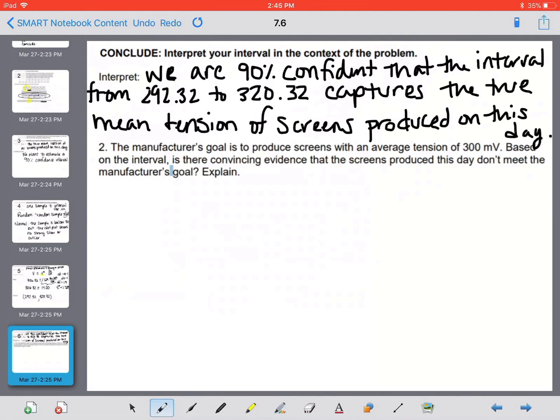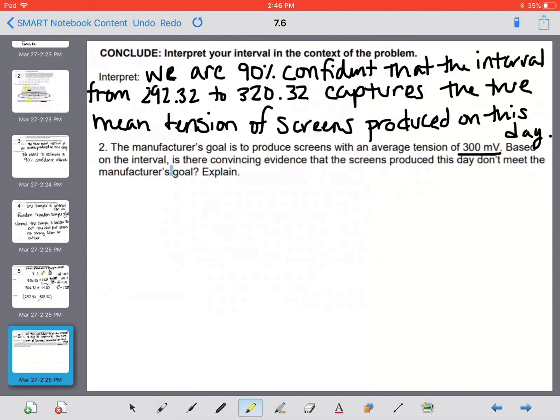Now they've got another question to ask about the interval. The manufacturer's goal is to produce screens with an average tension of 300 millivolts. Based on the interval, is there convincing evidence that the screens produced this day don't meet the manufacturer's goal? Well, look at our number here.